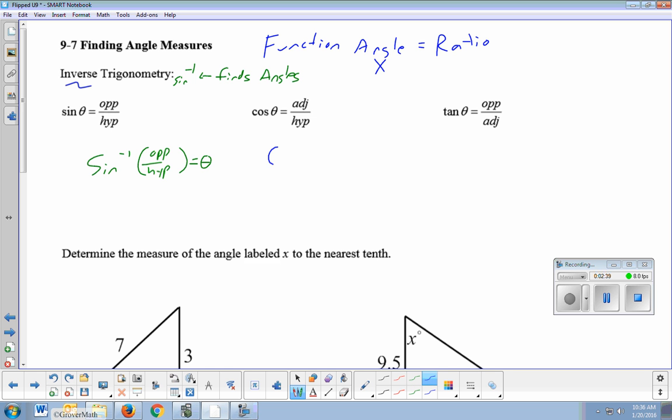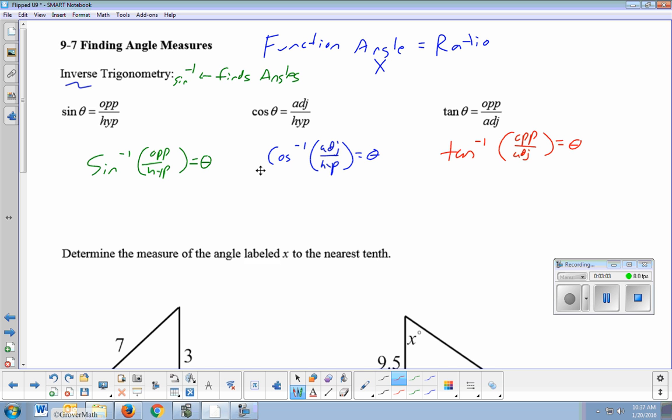Or you can do inverse cosine of adjacent over hypotenuse to solve for theta. Or you could do inverse tangent of opposite over adjacent to solve for theta.